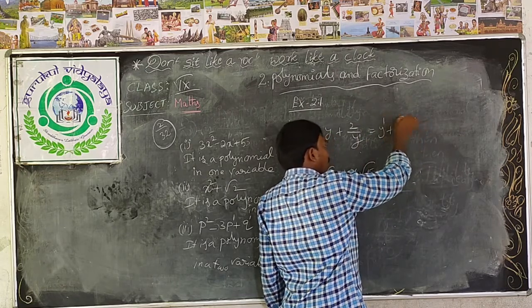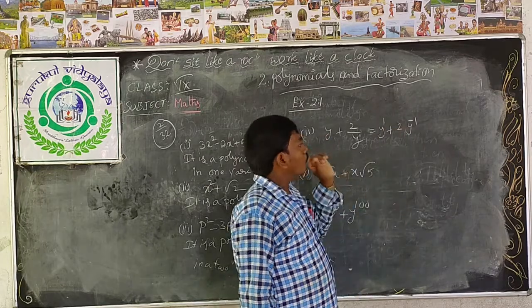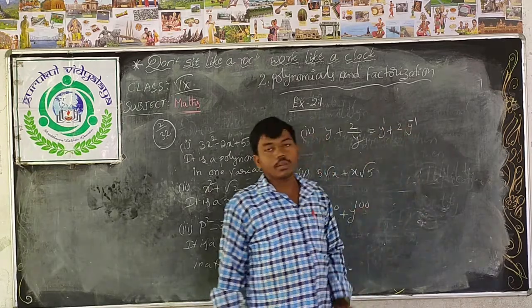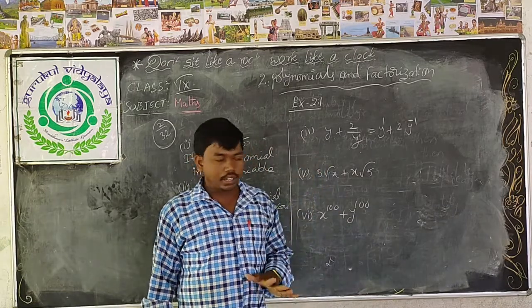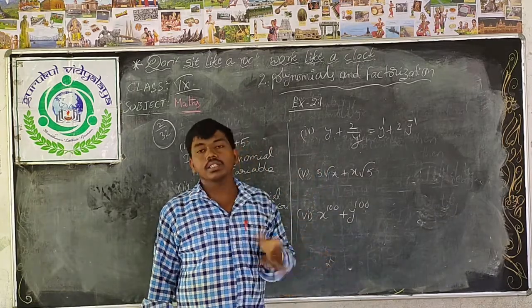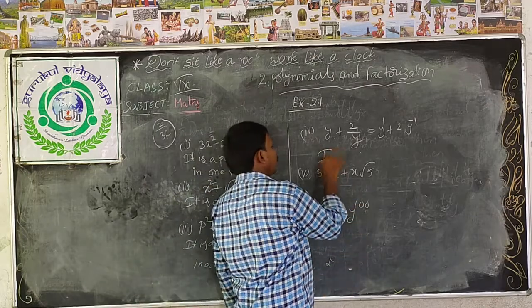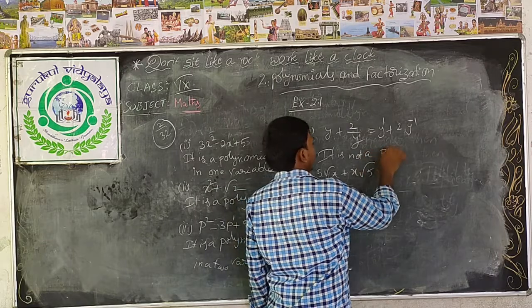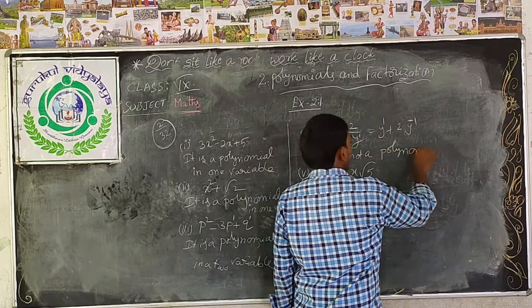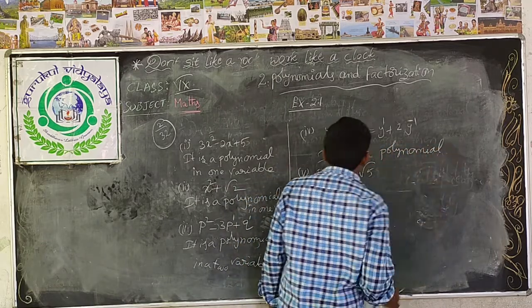Children, this is the plus 1, this is the minus 1. Both should be whole numbers. Minus 1 is not a whole number, so it is not a polynomial. Negative and fraction powers mean not a polynomial. It is not a polynomial.